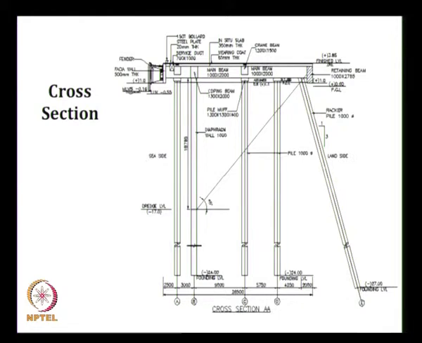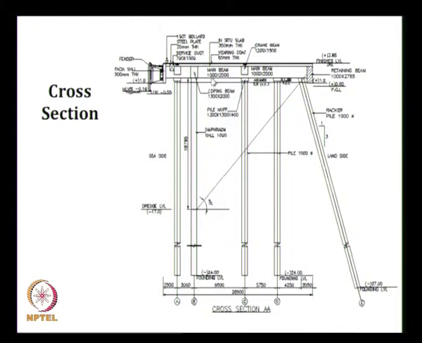In order to avoid this situation, we are providing sufficient width of the deck, so that a 45-degree line, this is for clayey soil where phi is equal to 0, this 45-degree line is cutting here. So any surcharge placed at this location will not create any earth pressure.